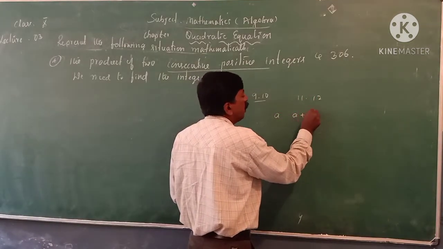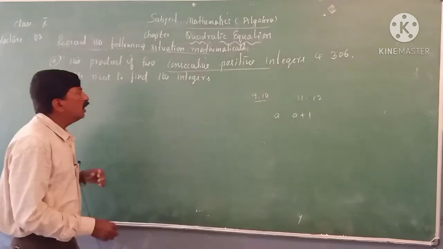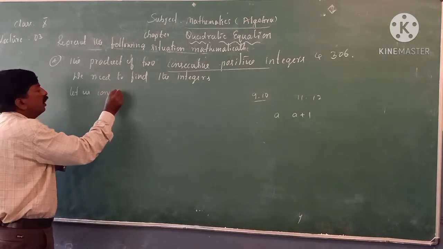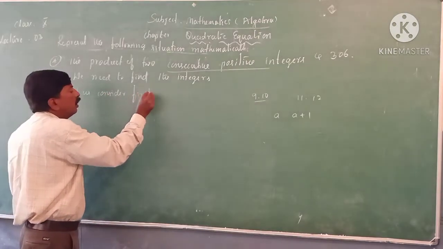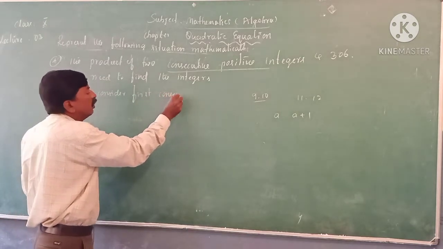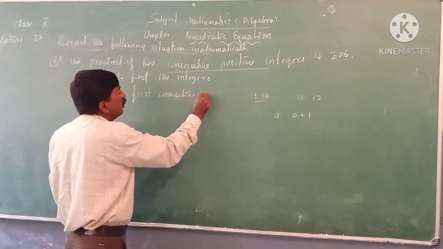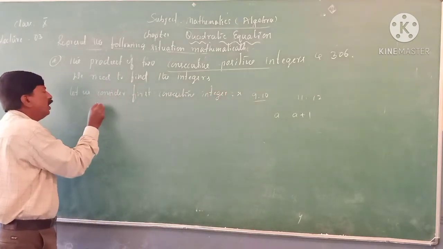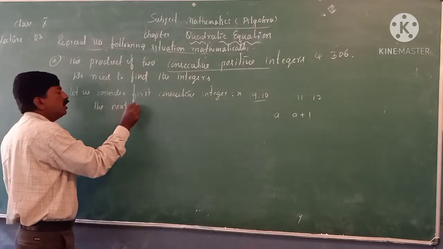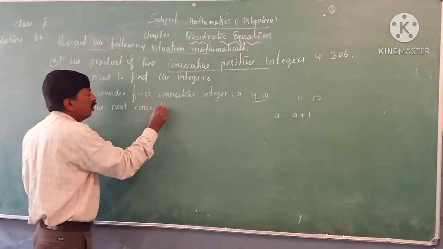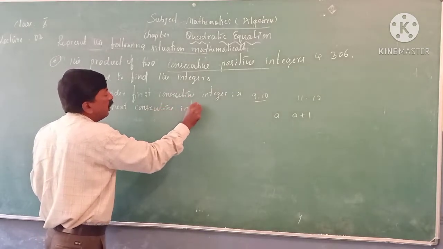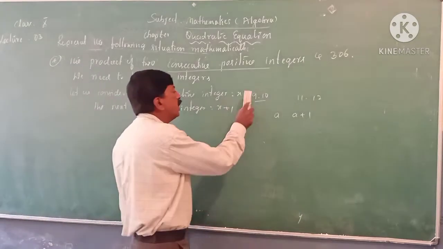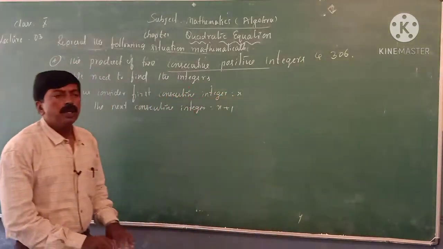A and A plus 1 are consecutive integers. Therefore, here let us consider the first consecutive integer is x. Therefore, the next consecutive integer is x plus 1.